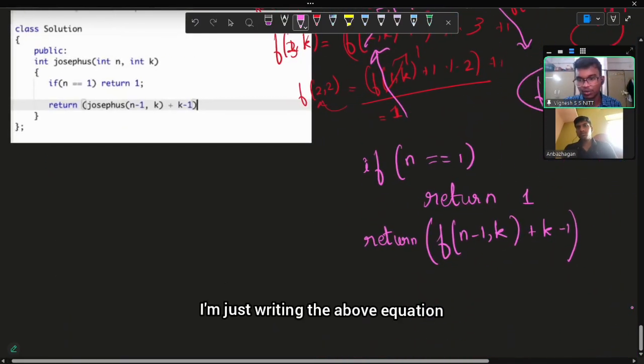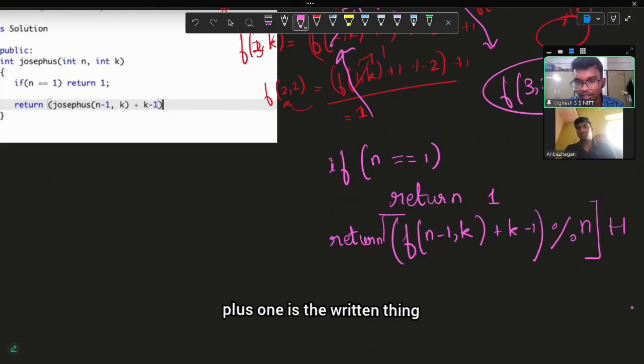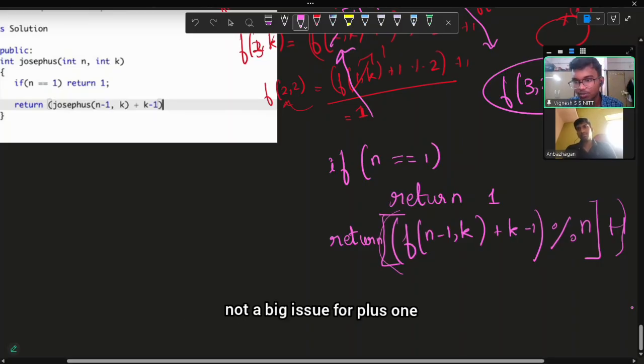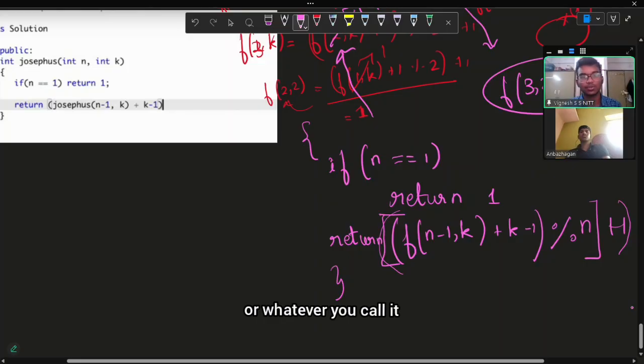I'm just writing the above equation. You can add another bracket as well, not a big issue. This is how it goes. Everything is inside a function, Josephus or whatever you call it.